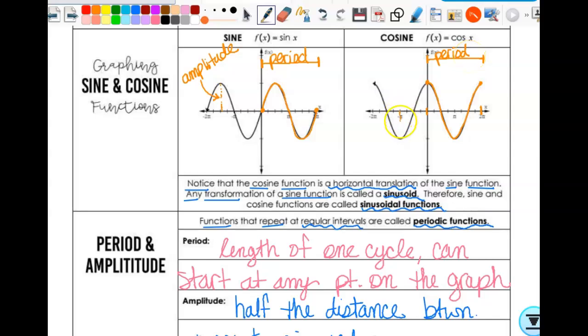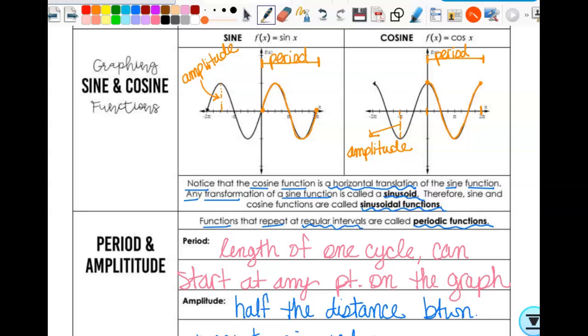And then this would be my amplitude. And it doesn't matter where you count the amplitude from, as long as, whether you go up or down, that amplitude's still 1. It wouldn't be -1 because it went down, because it's the absolute value of that A. Everybody good with that? Any questions?